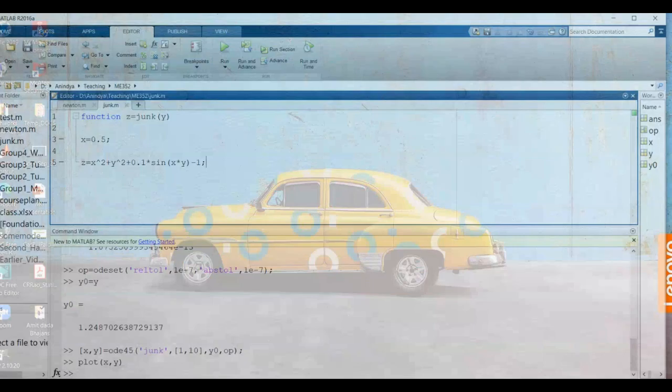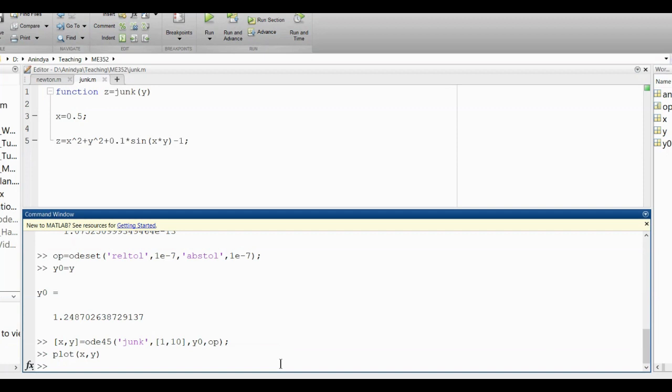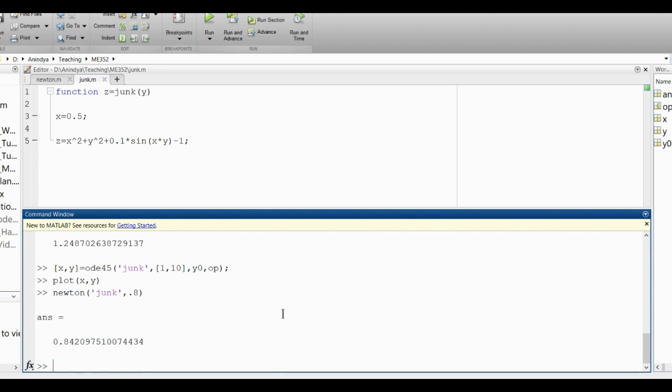So we'll come here, we'll say Newton, and this is the guess for y that we are now giving, and we'll try 0.8. Okay, so there's an answer, 0.84. So we'll say y equals that. In fact, what I will say is Q0, my initial condition, is 0.5 and y.